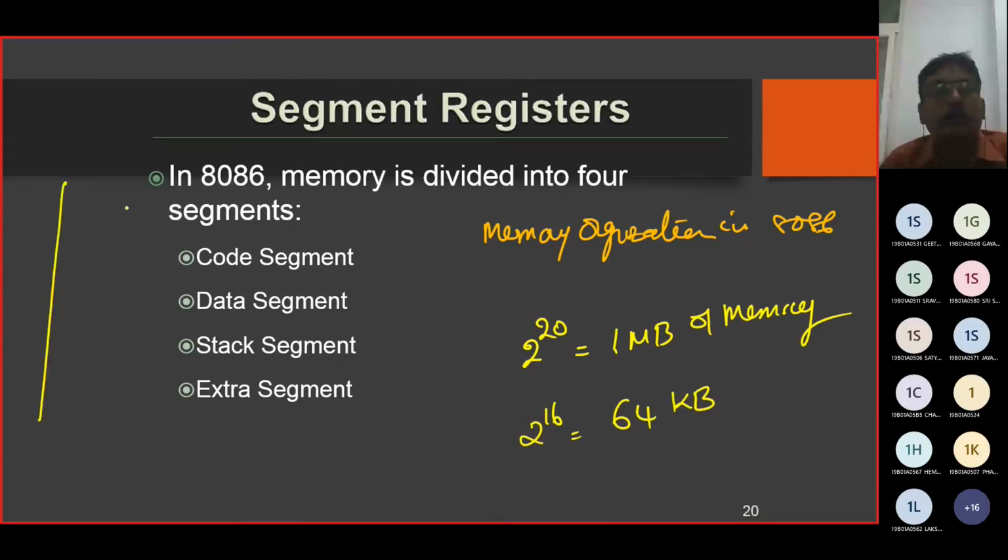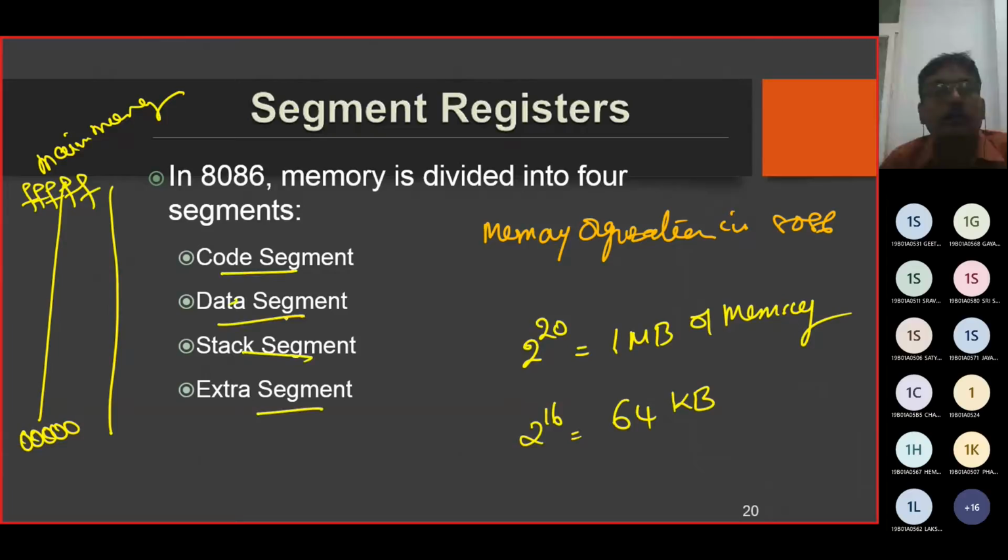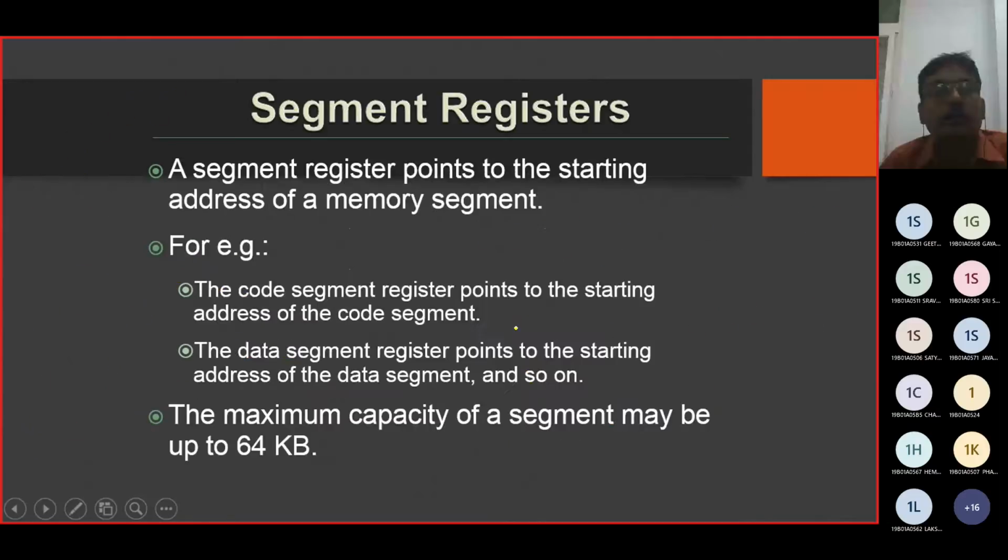So the main memory ranges from 00000 to FFFFF, whereas the code segment, data segment, stack segment and extra segment range from 0000 to FFFF. That is 16 bits and 20 bits.